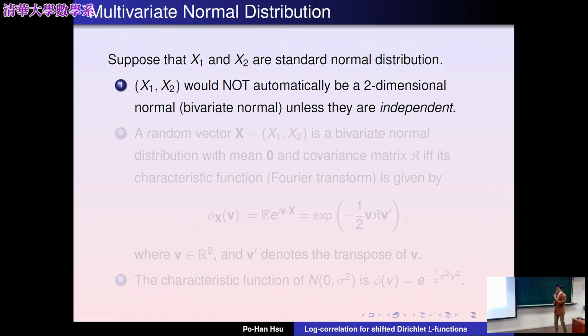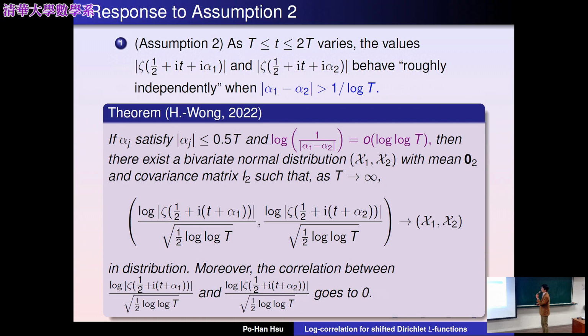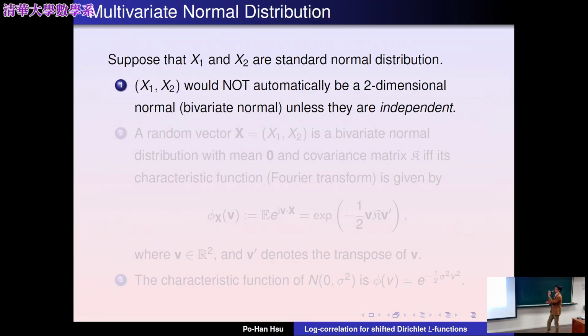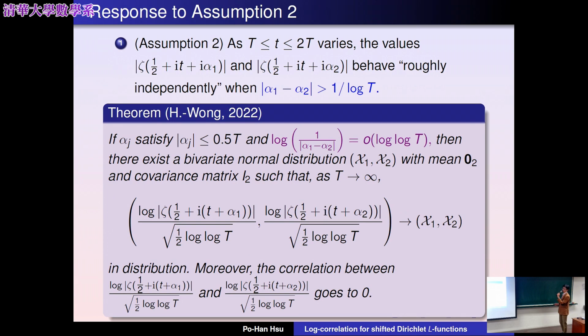But here, the tricky part in this work is that this individual one goes to a normal, and this one goes to another normal. So these two limiting distributions are given a priori. We know them, but we don't know if they are independent or not. So simply putting them together won't give us a 2-dimensional normal distribution. So this theorem actually requires some work.